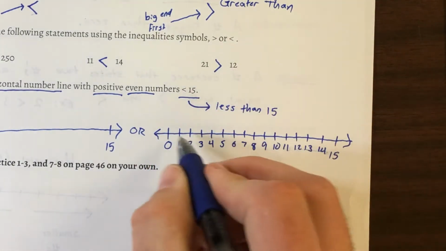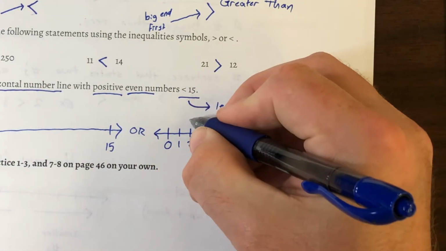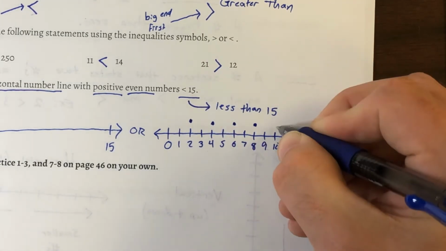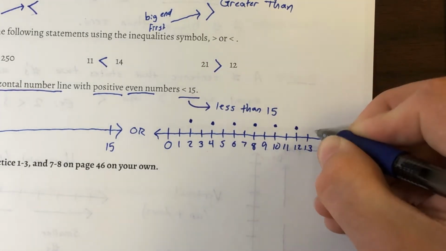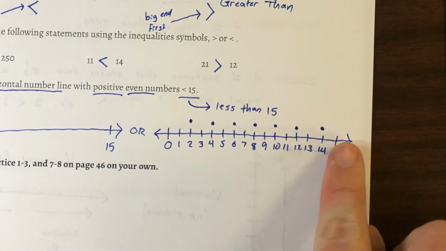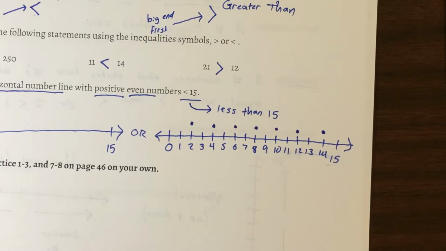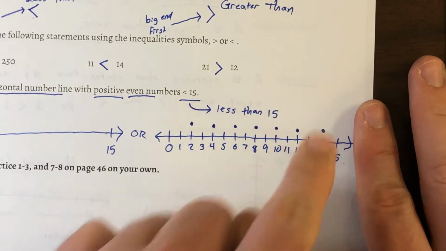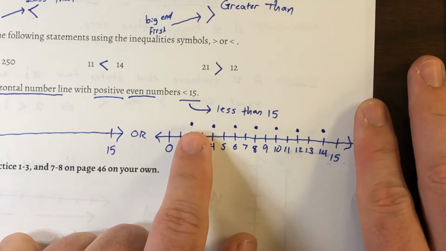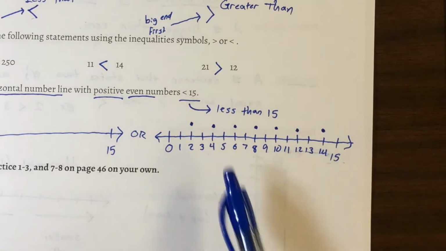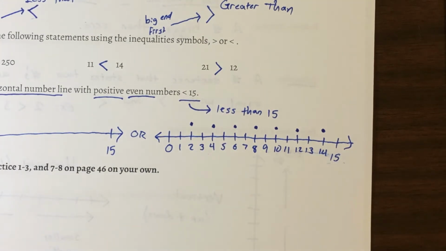So which ones are bigger than 0 and even? 2, 4, 6, 8, 10, 12, 14, and again, I want the numbers that are less than 15, so I do not go any further. So these numbers, 2, 4, 6, 8, 10, 12, and 14, are the positive even numbers that are less than 15. Now that's one way to draw your number line.